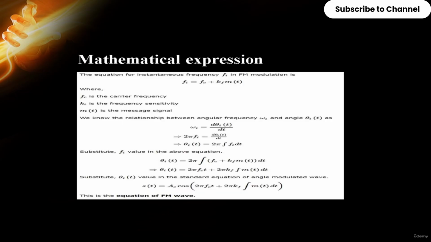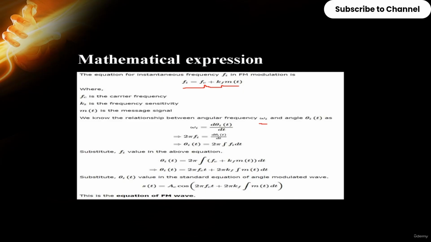If we see the mathematical expression for the frequency of the signal, it is given as f(t) = fc + kf m(t). Here fc is the carrier frequency, kf is the frequency sensitivity of the particular signal, and m(t) is the message signal. When we connect it with angular frequency w(t), the angle is represented as theta_i(t). It is given by the formula for angular frequency with the differential d theta_i(t) by dt.